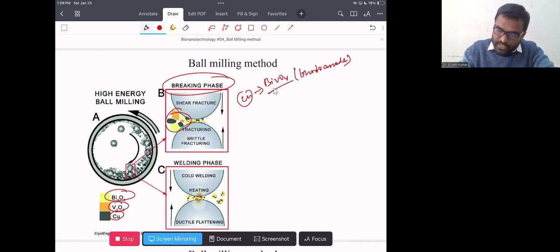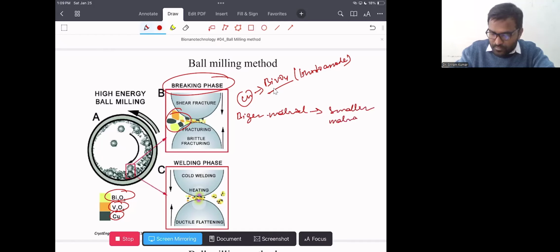So in the breaking phase, you go from bigger material to smaller material, right?